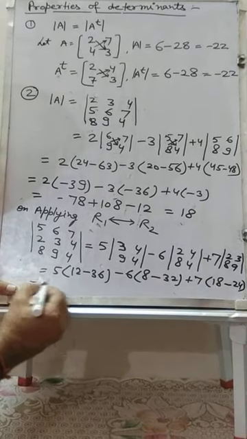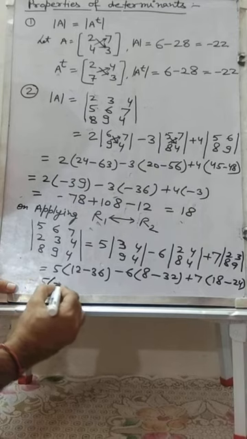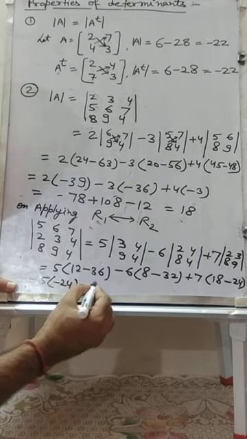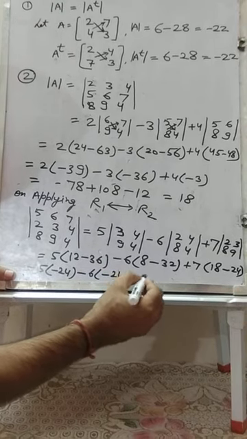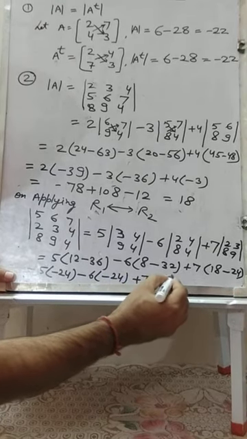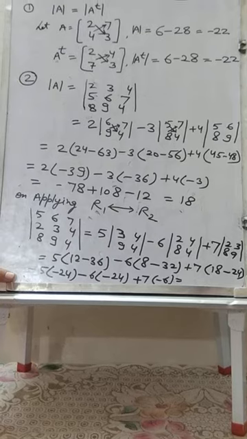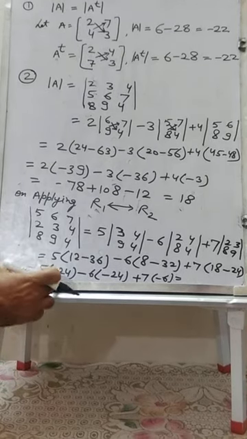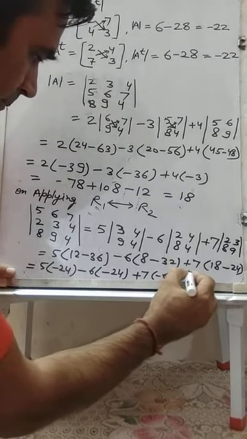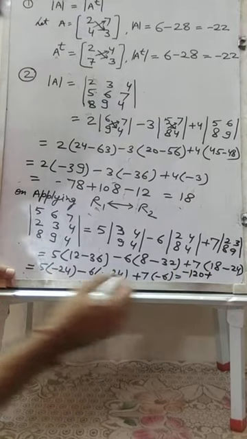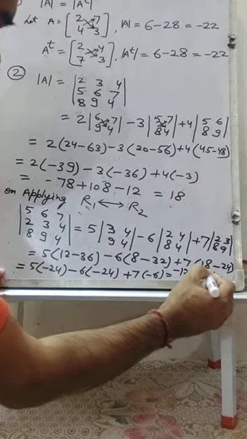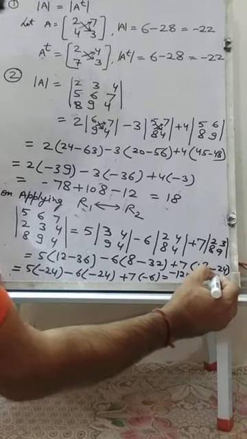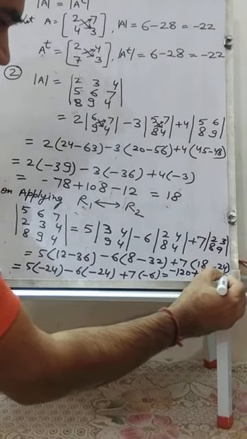This is 5 into minus 24, minus 6 into minus 24, plus 7 into minus 6, which is minus 120 plus 144 minus 42.